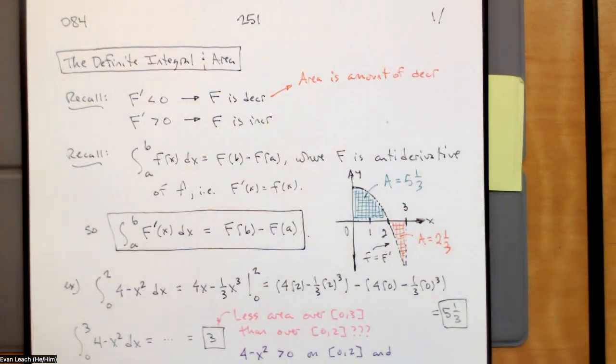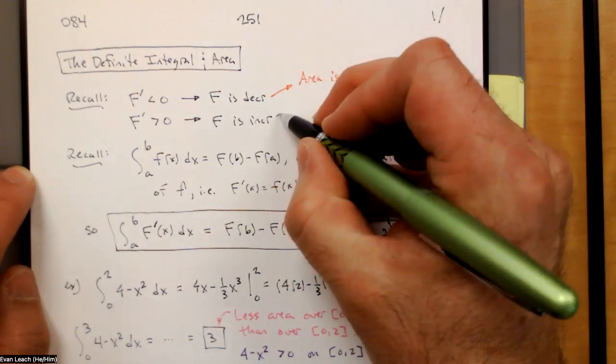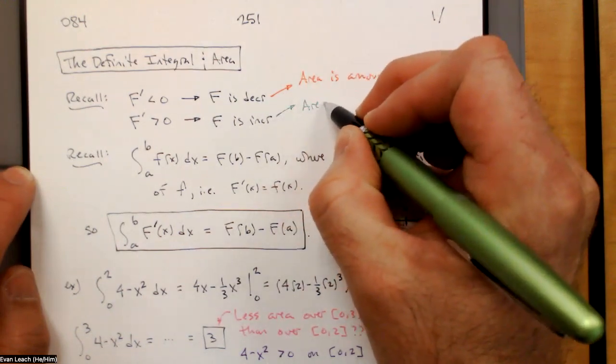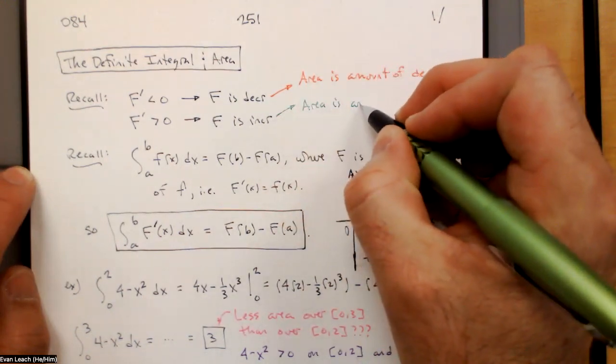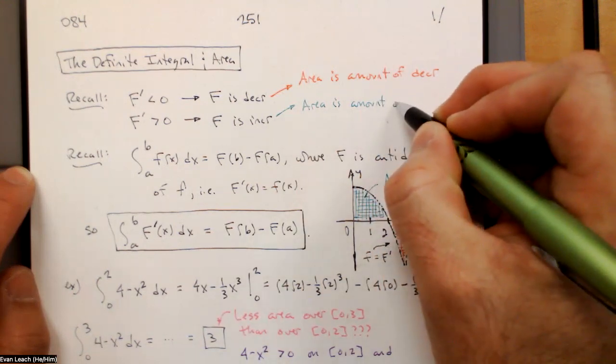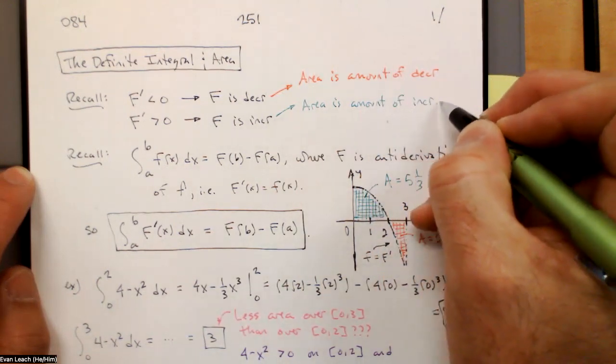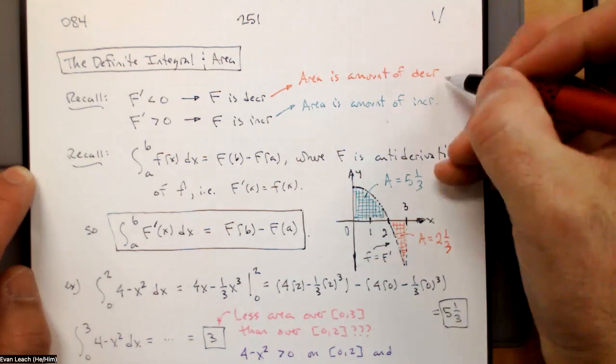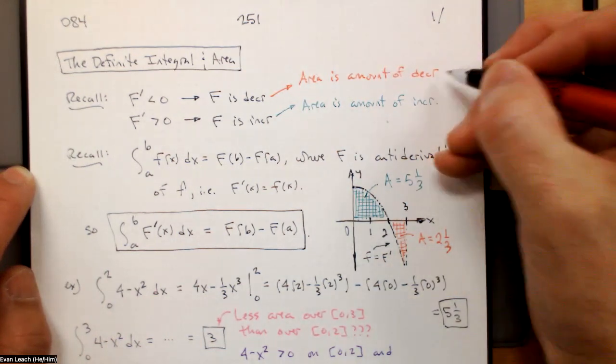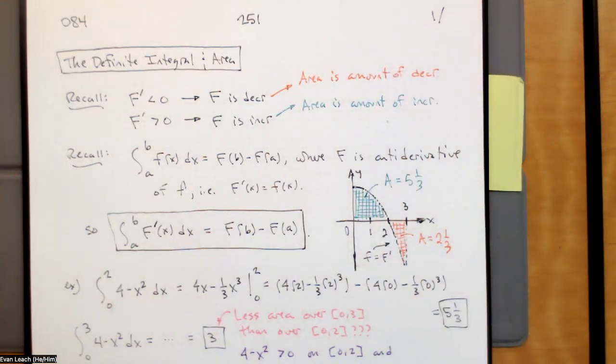If the derivative is positive, then the function is increasing, and the area tells you how much. That derivative stuff that we were talking about before is connected to the integral stuff that we're talking about now.